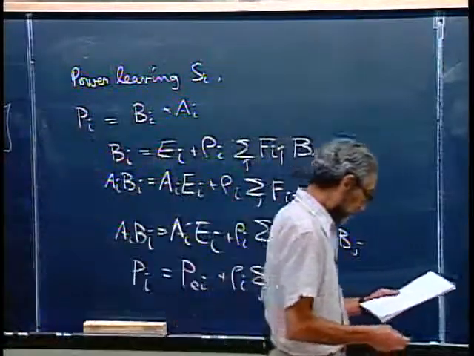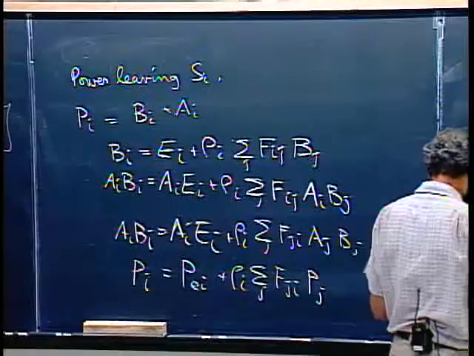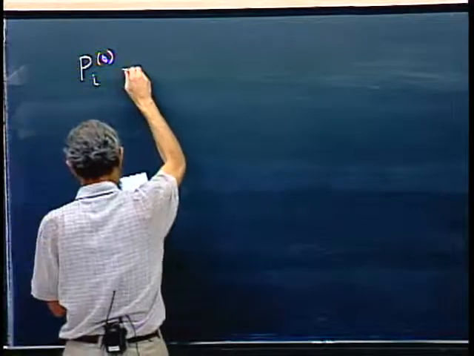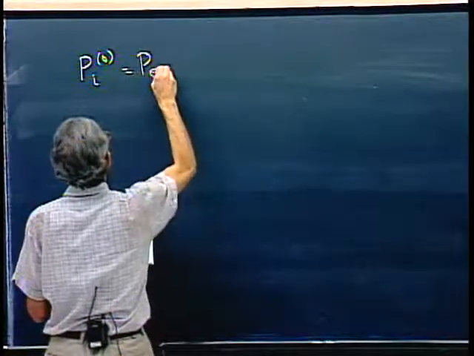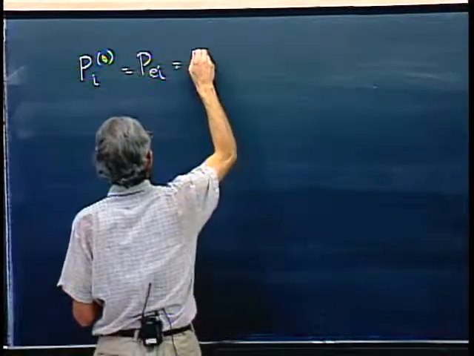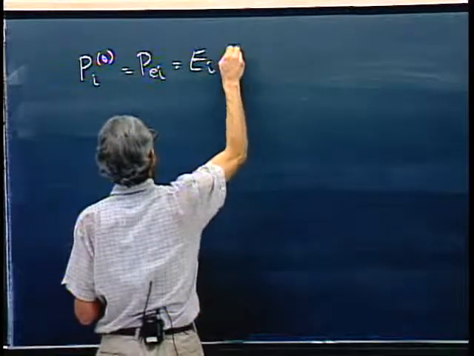So we can do an alternate iterative method which says we'll initially start P_i of 0, for all i, as this PE_i, which is the emission times the area.